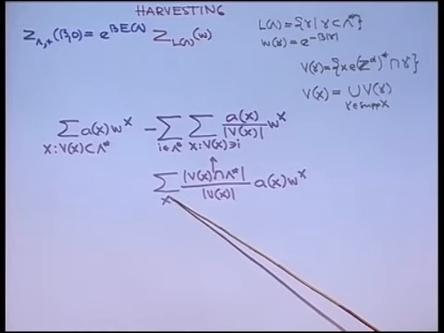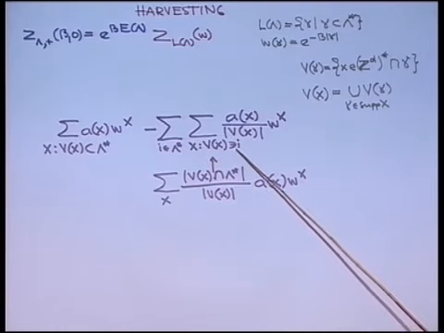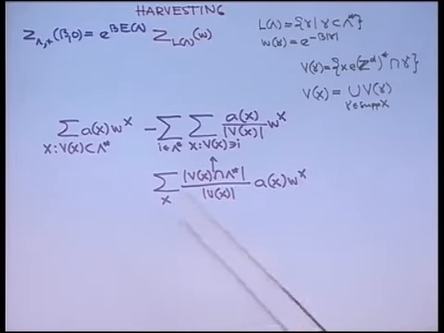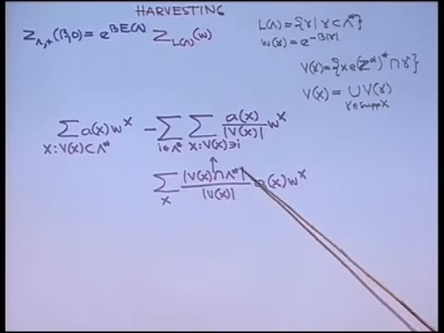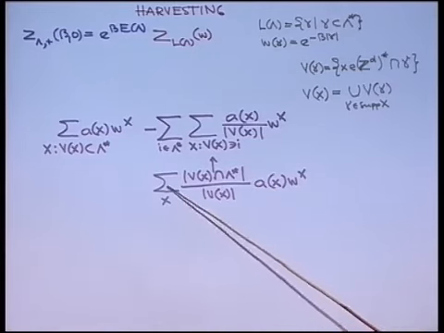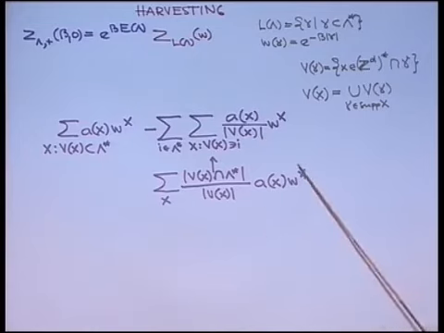In principle, I should write here a sum over x's such that these V_x contain i from lambda star, so this should be x's that intersect lambda star in some sense, okay? But since I have this number here, which is 0 if V_x doesn't intersect lambda star, I can forget about any condition, and this is a sum over all possible multi-indices. Okay, so I have this.